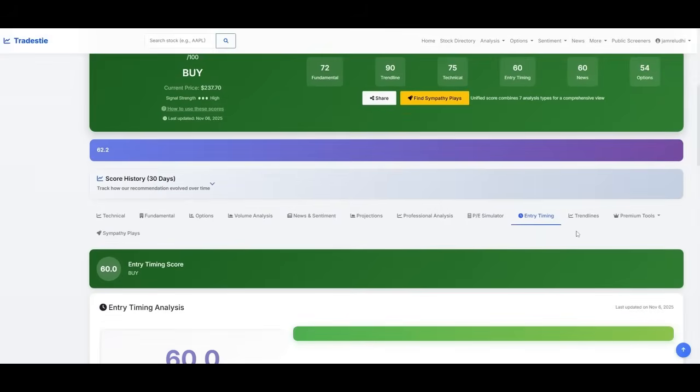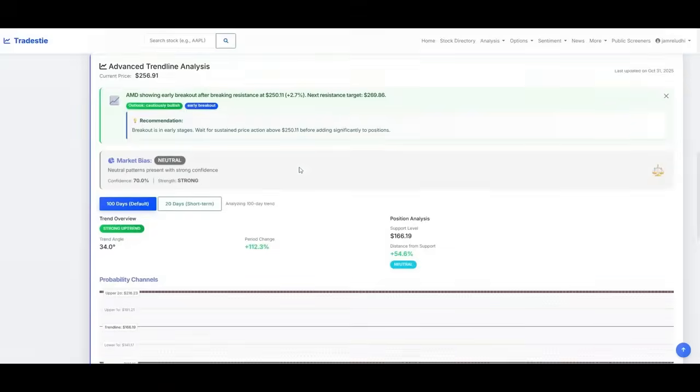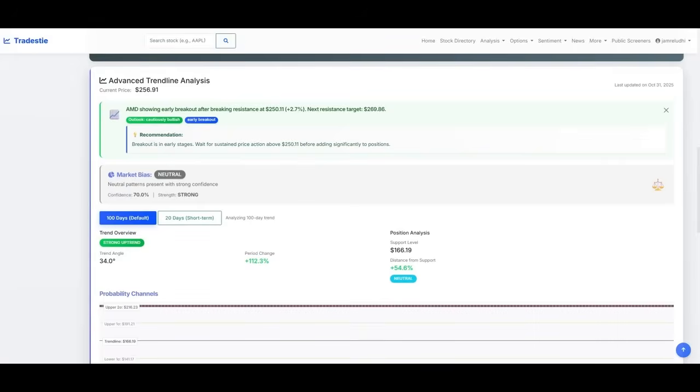The next one is trend lines. This one is very informative. There is a 100-day trend line, and then the 20-day. The 100-day is still saying, even though it broke, it looks like it is not updated for today, but I think by midnight it will get updated.